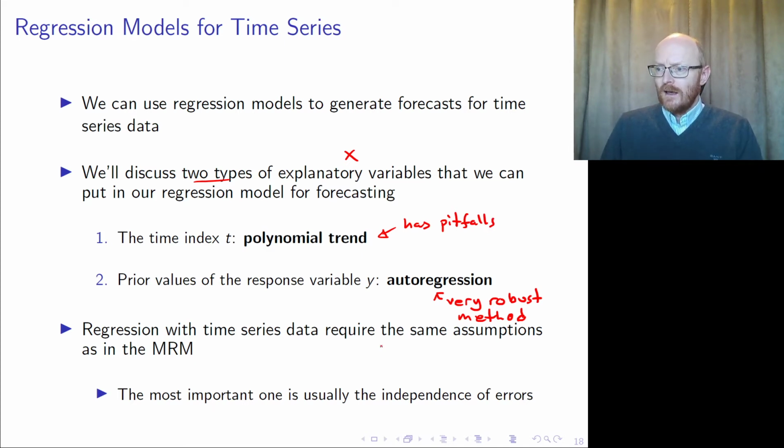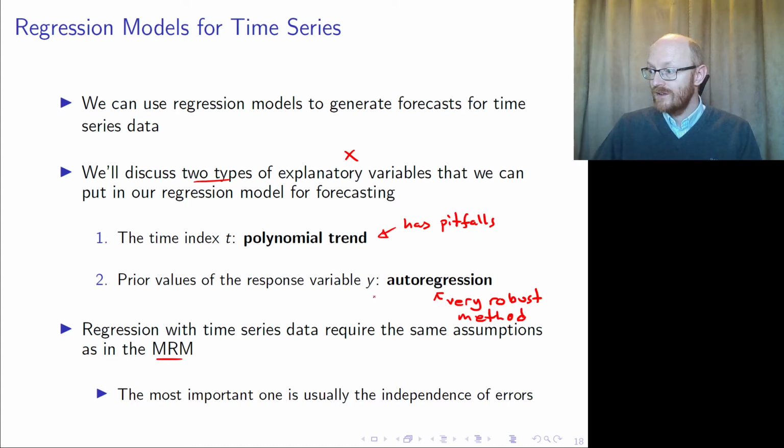What we require as the assumptions is the same as the ordinary multiple regression model, and you know this. One important one is that the errors are independent, but we will see that you can't really rely on the Durbin-Watson statistic to check for the independence of errors if you have an autoregression.